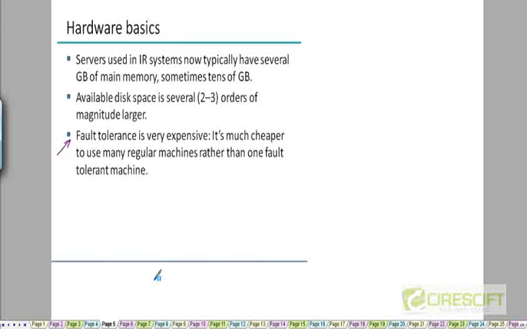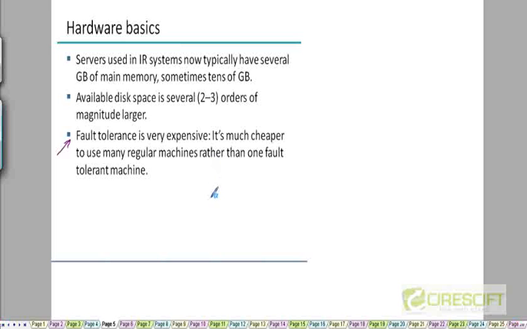Because such machines are usually very, very expensive, and the approach that all search engines today take is to use an entire set of machines, thousands and thousands of machines, or sometimes millions of machines, each of which is just a regular commodity machine, not very different from the PC that you have. By forming this huge cluster of machines, such that individual machines in that cluster may fail, search engines are able to be more effective that way.